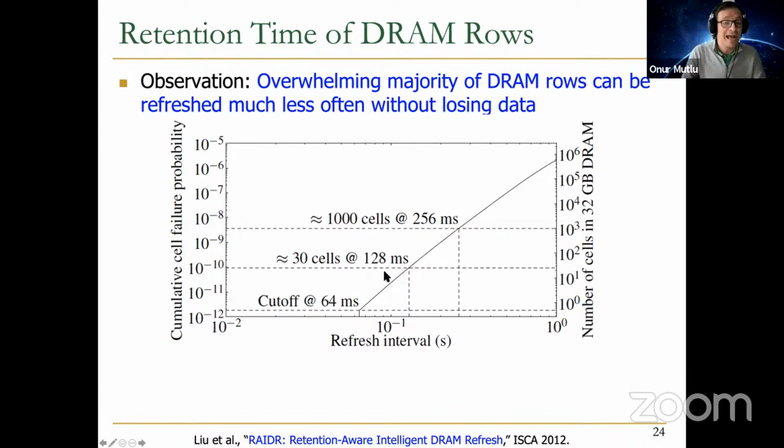If you actually refresh every 128 milliseconds, basically getting rid of half of your refreshes, if you think of it that way, only 30 cells will have errors. If you halve your refresh rate a little bit more, refresh every 256 milliseconds, then only 1,000 cells fail. So it's not that many cells, basically.